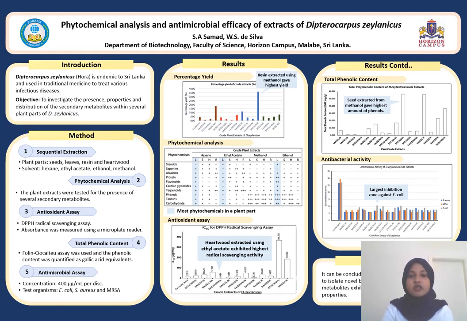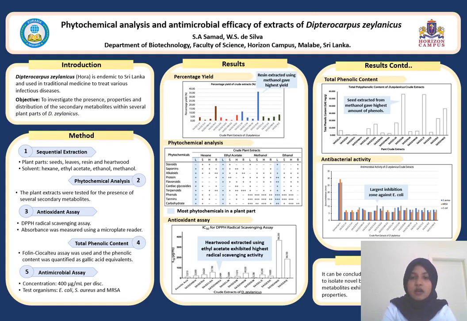The percentage yield shows the yield of different extracts after sequential extraction. As it is observed, the resin gave the highest yield with methanol. It can also be observed that the same plant part, when extracted with different solvents, gave a different yield.